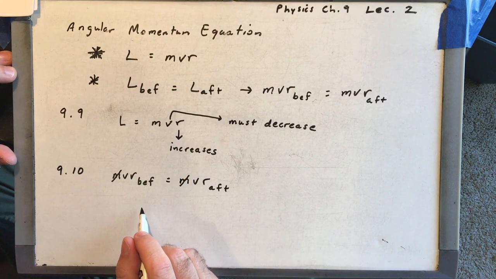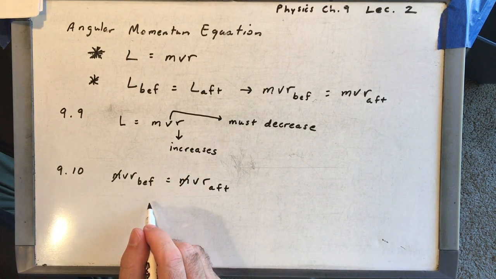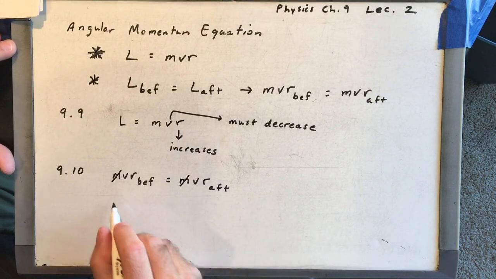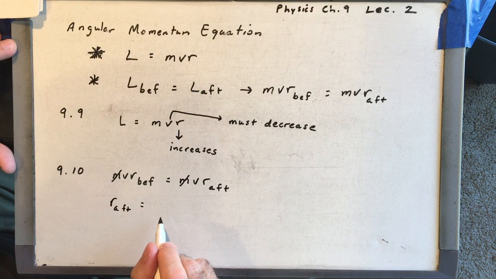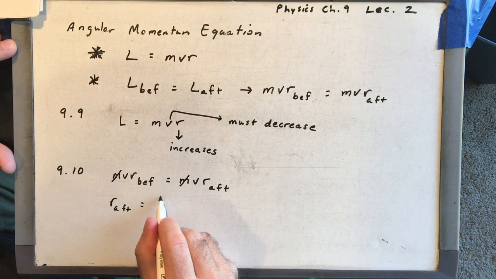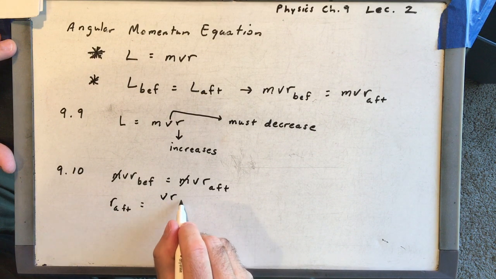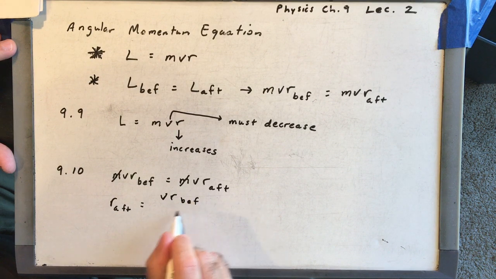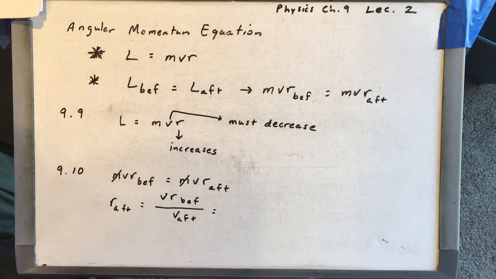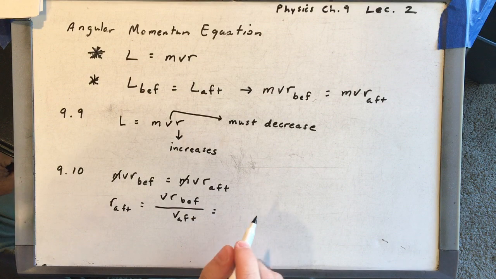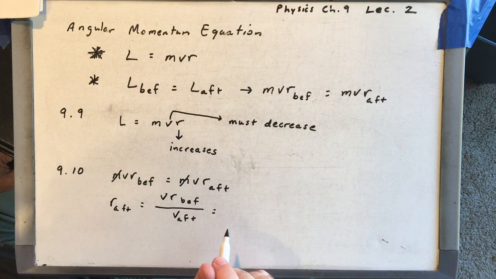We want to know what is the new radius, all right? So radius after is going to be velocity times radius before over velocity after. I could use 1 and 2, probably other teachers would. I think before and after, though, gives a little more description.